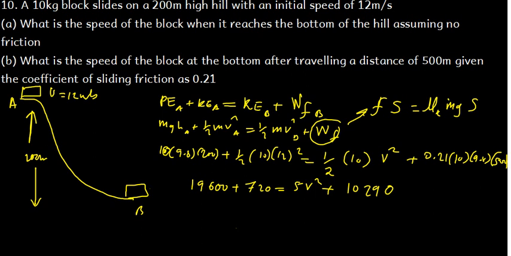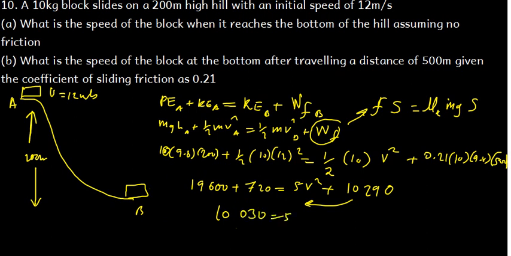So if I take this over the other side, it's going to become negative, and it will subtract from this. So what I'm having is 19,600 plus 720, and then we're going to remove the 1,029. So that is going to give us 19,291.